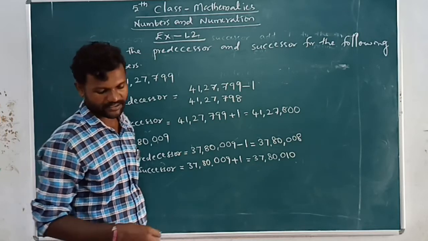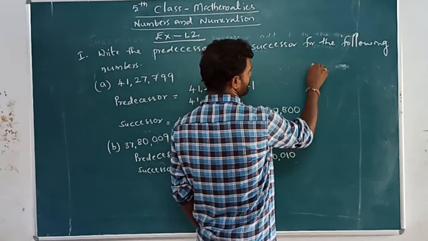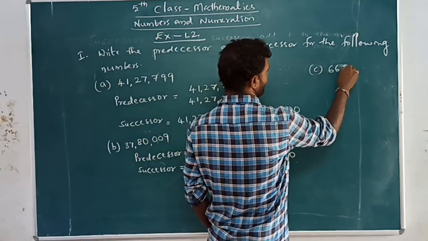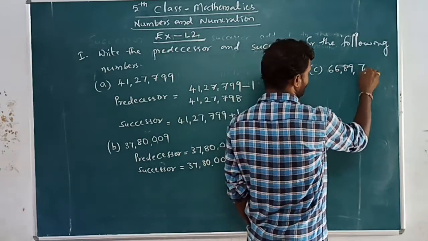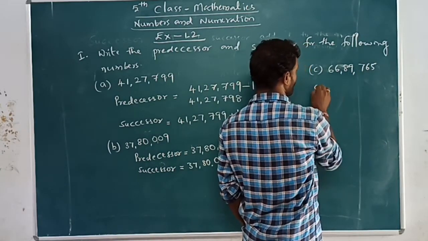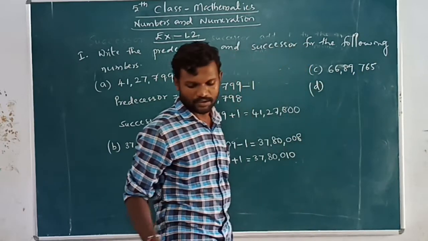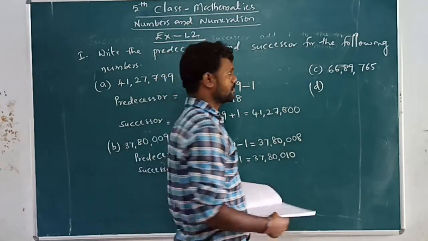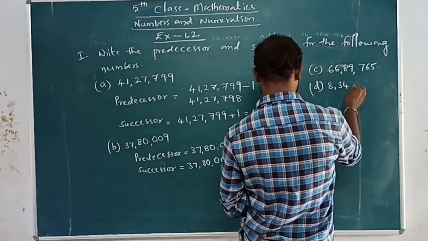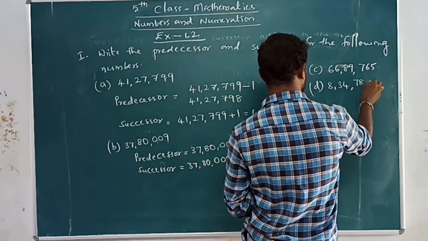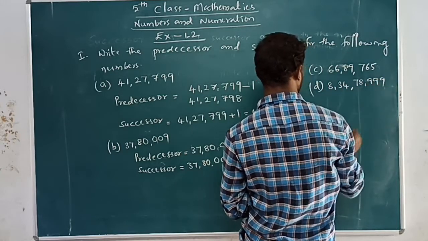What are the problems given in the first bit? C. 66 lakhs 89,765. What is D? D is 8 crores 34 lakhs 78,999.